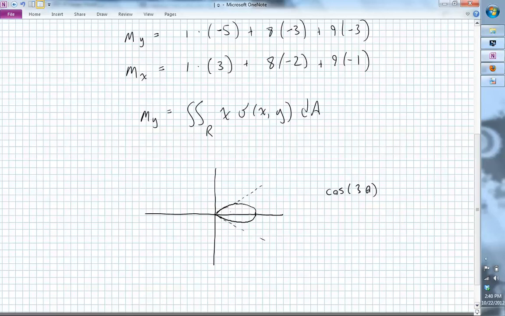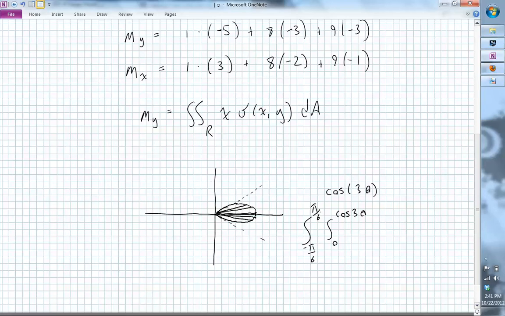So let's look at a ray here. There's a ray. There's a ray. As I'm building these rays, the rays always go from where to where? 0 to cosine 3 theta. And then from your plotting exercise, you recognize that one leaf is covered by this range of thetas.